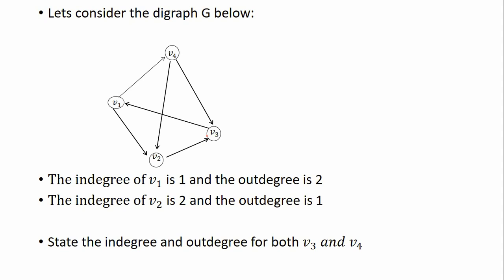V3: 0. V4: 0. Good, you are doing well. The last vertex, V4 to V1: 0. To V2: 1. V3: 1. To V4: 0. That's good. So that's how you can draw the adjacency matrix for a digraph.